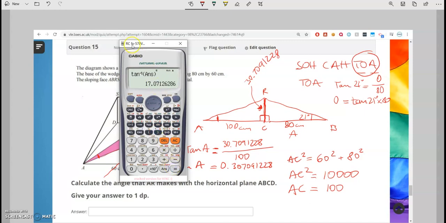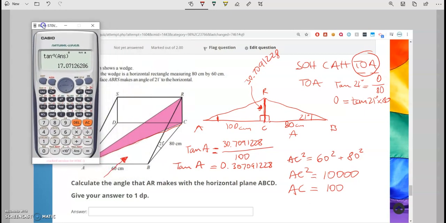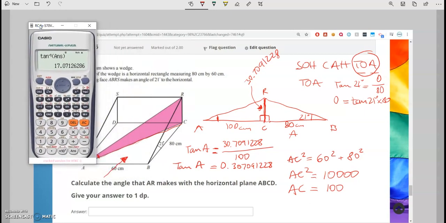And that is 17.07126286. We need to write this to one decimal place, so it's going to be 17.1.